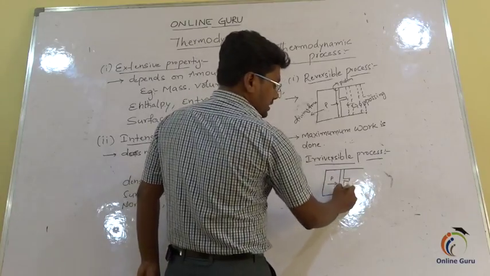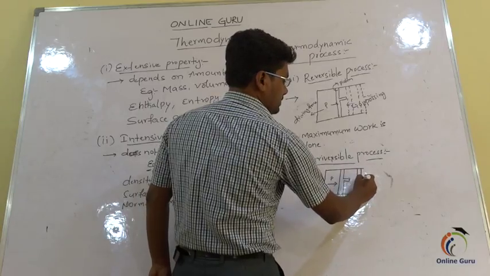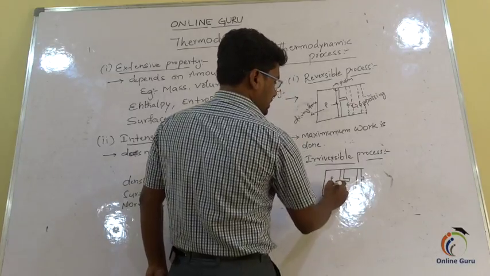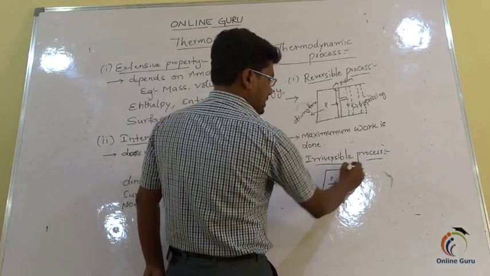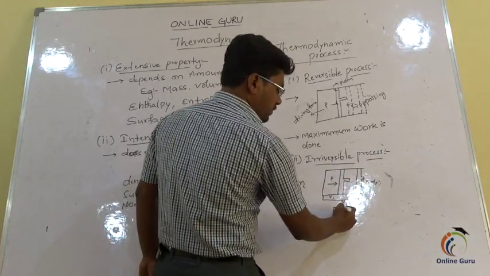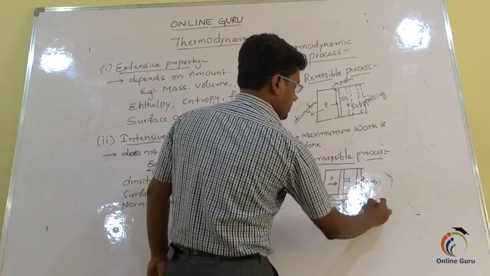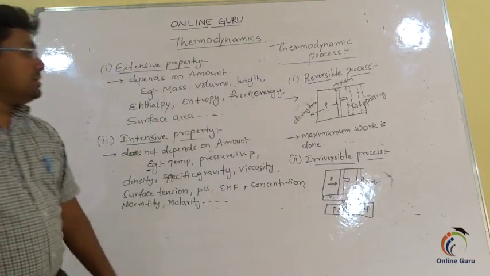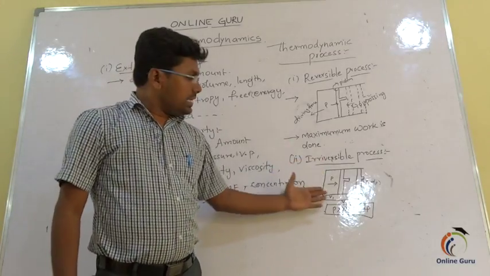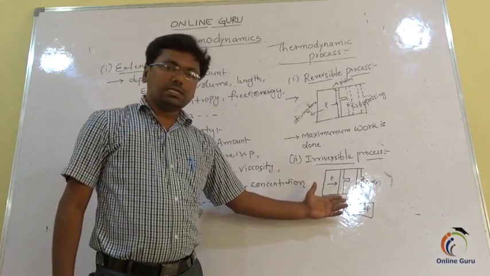So in this case, this piston moves in a single step from initial V1 to final V2. The driving force is the pressure P, and the opposing force is P minus dP. In this case, P is very much greater than P minus dP. So that process is called an irreversible process, and in this the piston is moving in a single step. So we can say that the work done is minimum.